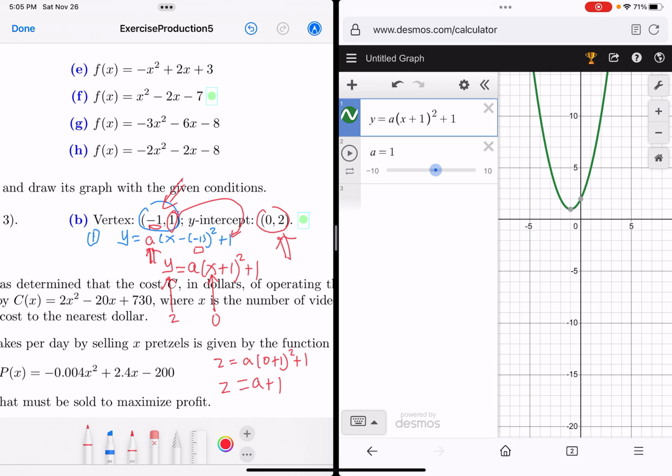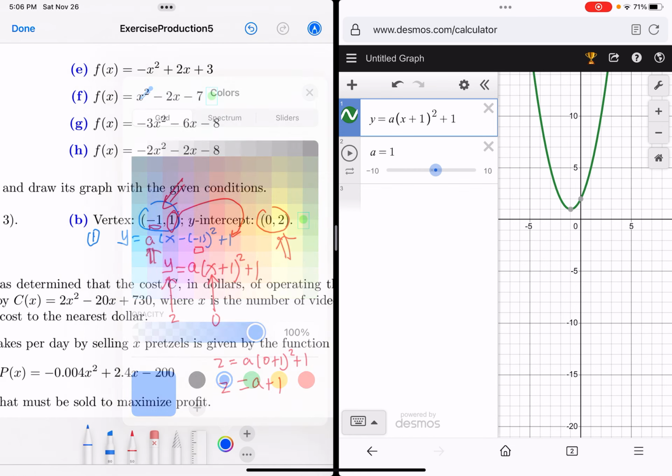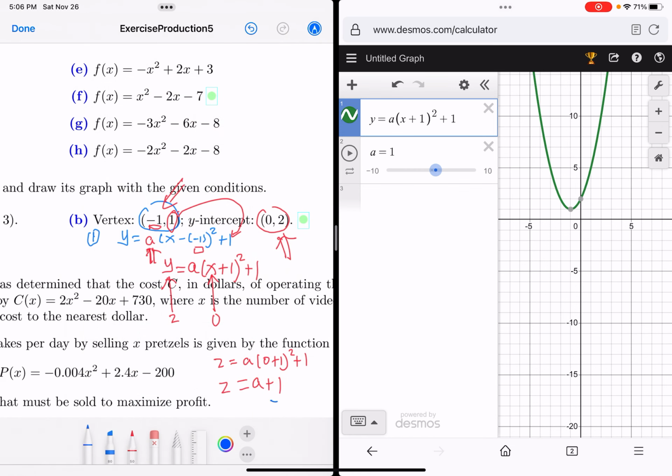Then both sides subtract 1. You have these two cancelled. So 2 minus 1 gives you a equals 1.